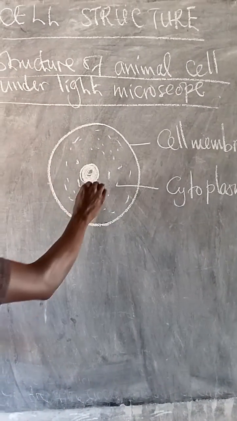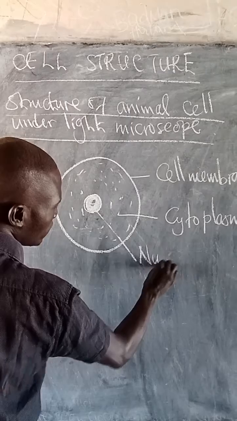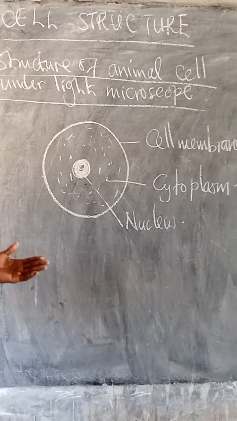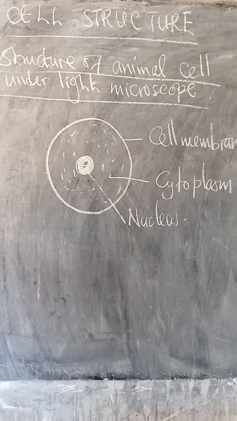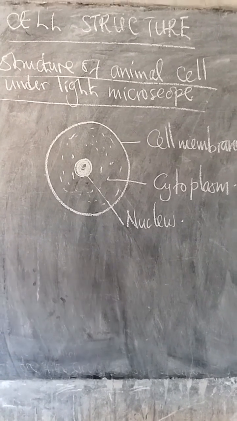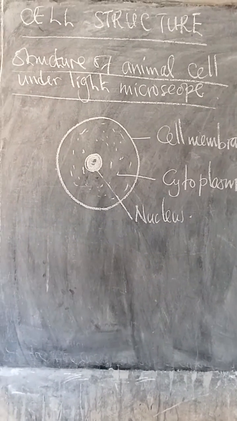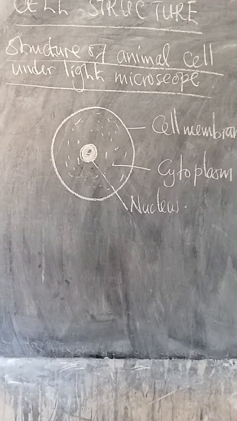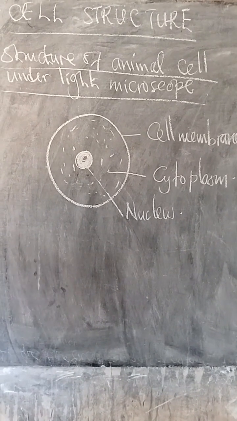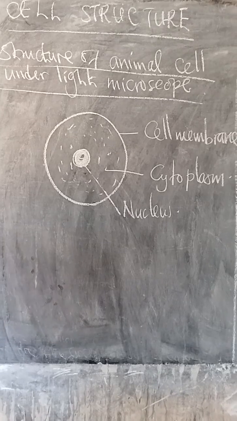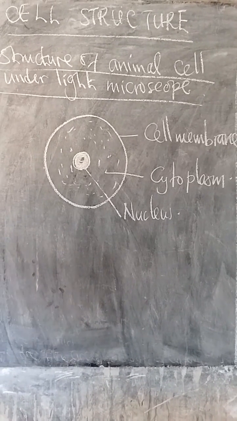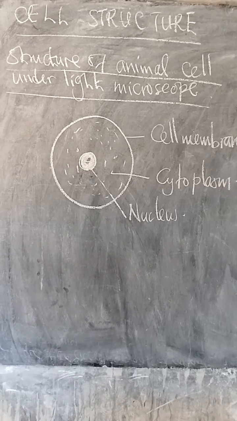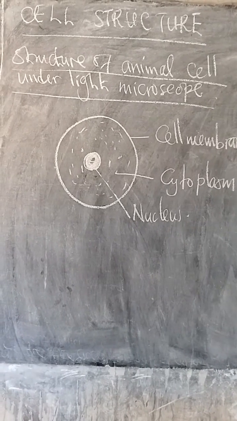Then we can also see the nucleus of the cell. So these are three main structures that we can see on animal cell under a light microscope, because we said we cannot see cells with our naked eyes except we use microscope. So someone can either use light microscope or electronic microscope. But when you use light microscope, you can see only a few parts in animal cell, these three: cell membrane, the cytoplasm, and nucleus of the cell.